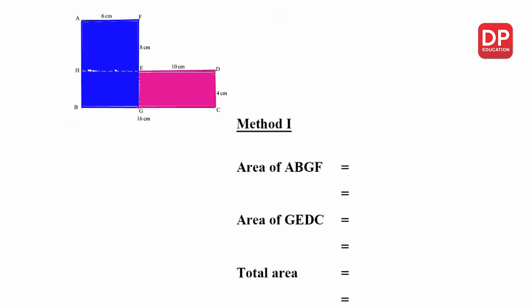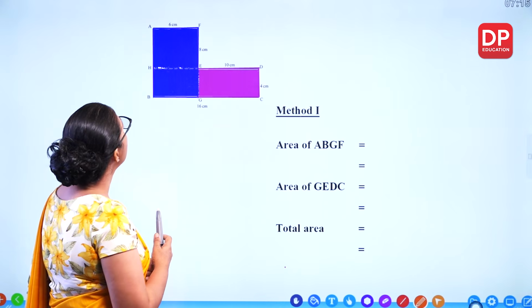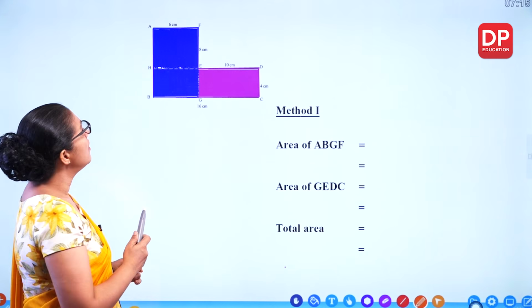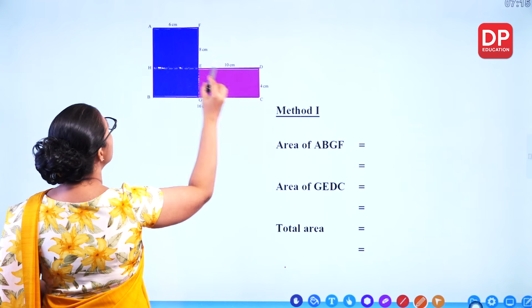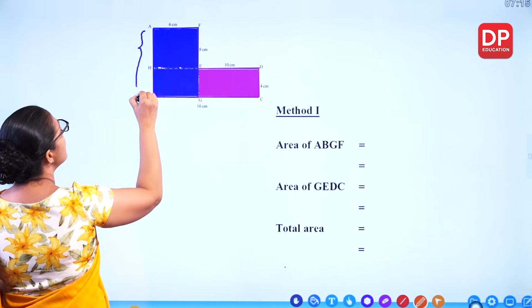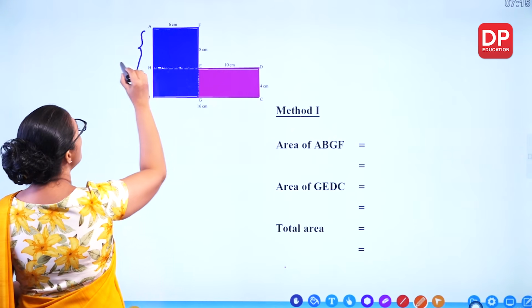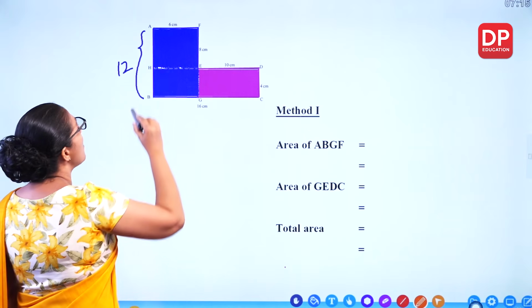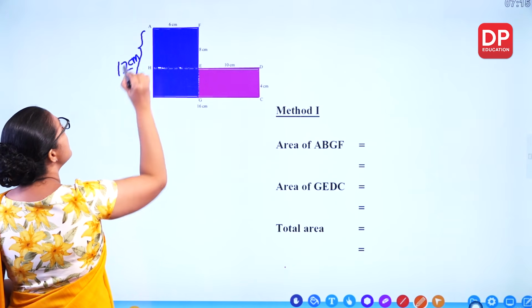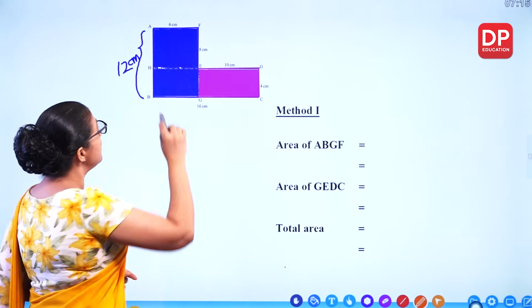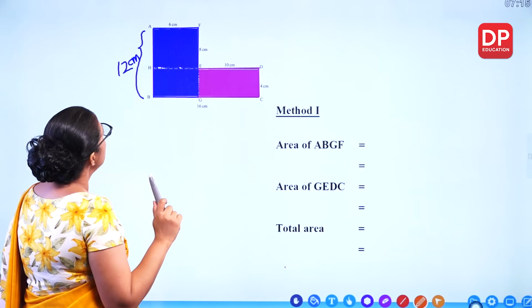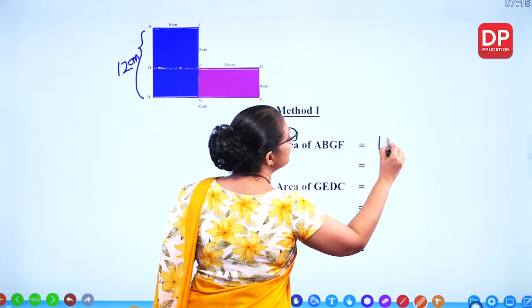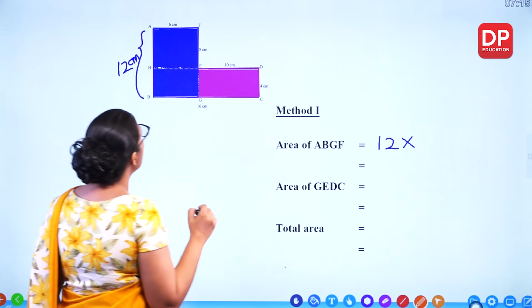Area of ABGF. What's the length there? The bigger one is the length. 8 here and 4 here. So what's the total here? 8 plus 4, 12. So 12 centimeters is the length of the bigger rectangle. What's the breadth of that?